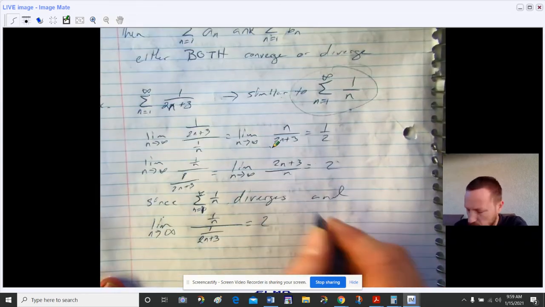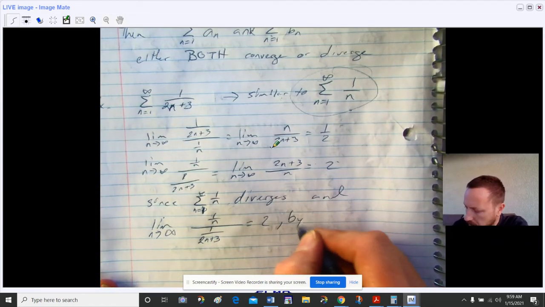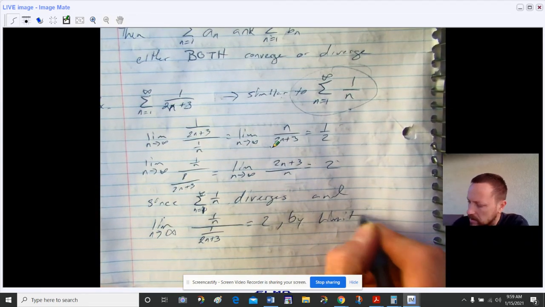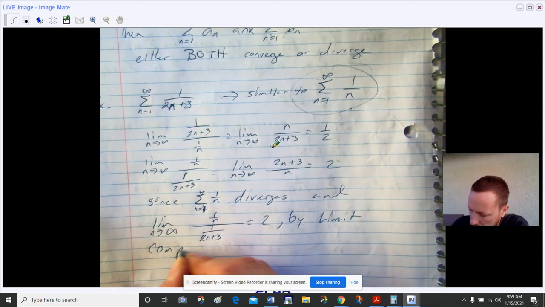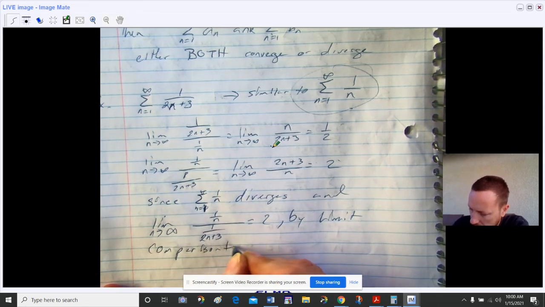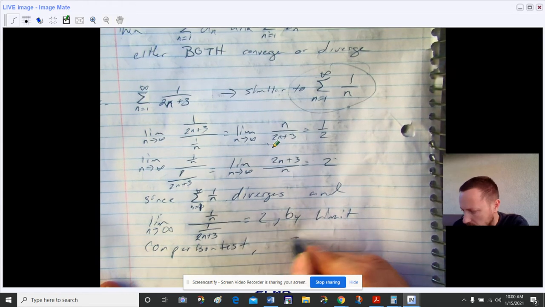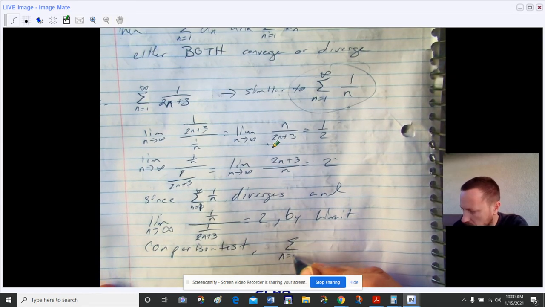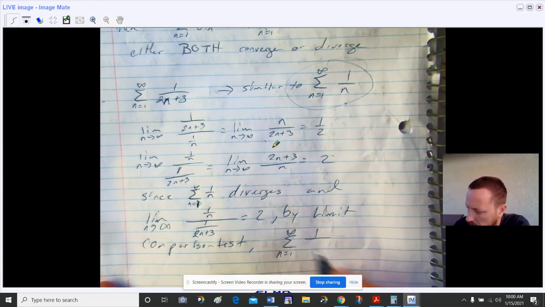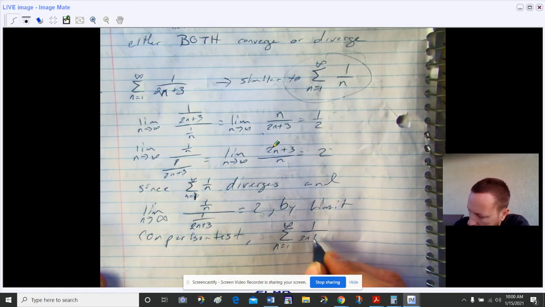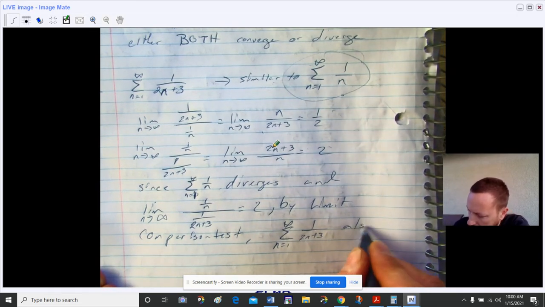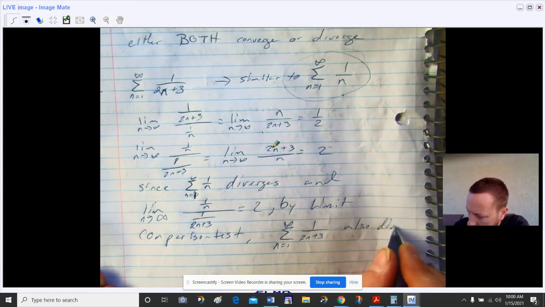It doesn't make any difference which one you pick. By the limit comparison test, the sum from n equals 1 to infinity of 1 over 2n plus 3 also diverges.